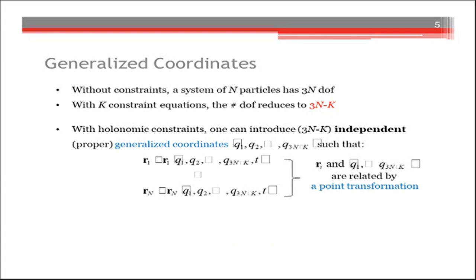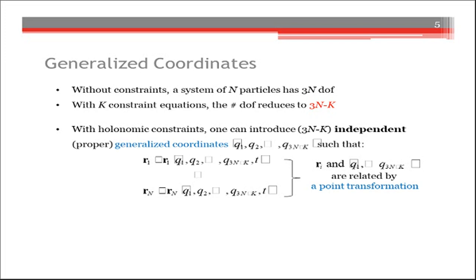With k holonomic constraint equations this reduces to 3n minus k, so one can introduce 3n minus k independent generalized coordinates q1, q2, q3 up to q_(3n-k).